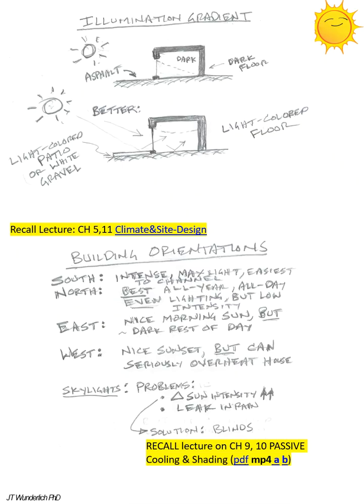Now there's illumination gradient that we've mentioned before, directing, reflecting to get the sun indoors. And then also the building orientations, which we've talked about before in a couple places.